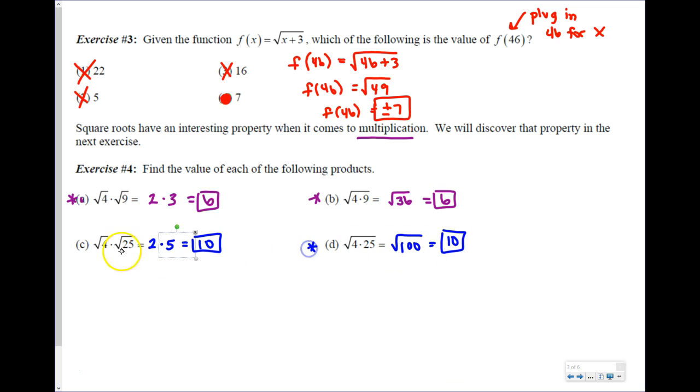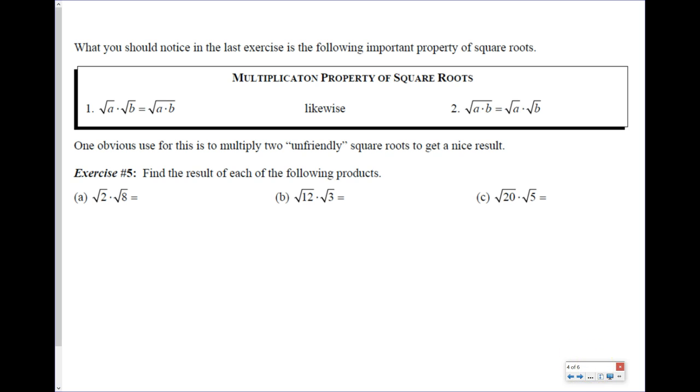So this leads us to an interesting property of multiplication of square roots. It leads us to thinking about this. What you notice in the last exercise is the following. The first one says the square root of A times the square root of B equals the square root of A times B. So you can put them in the radical together. And likewise, for the second one, if you have A times B inside the radical, you can split them up into 2 separate radicals.